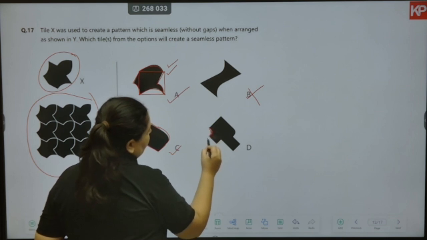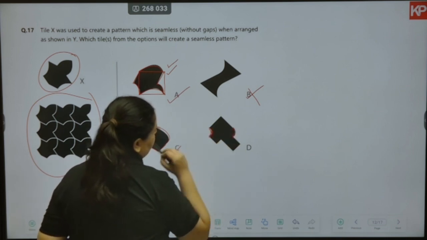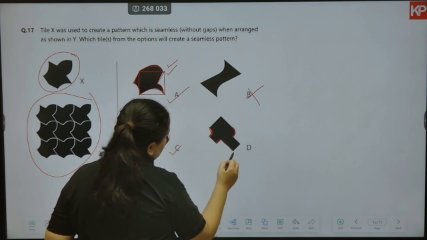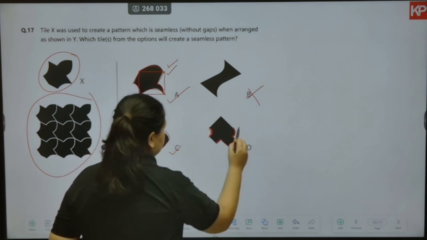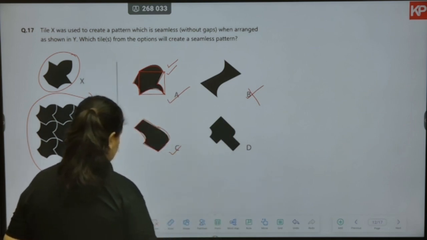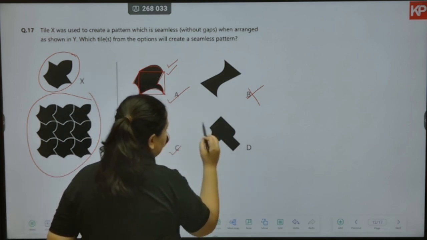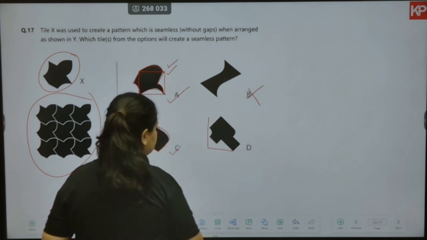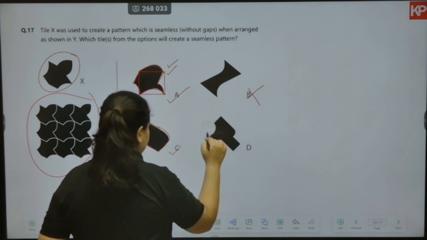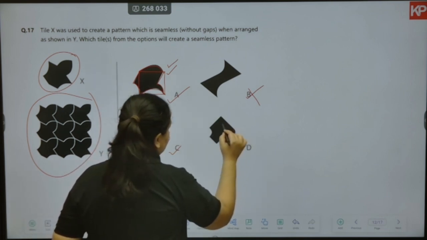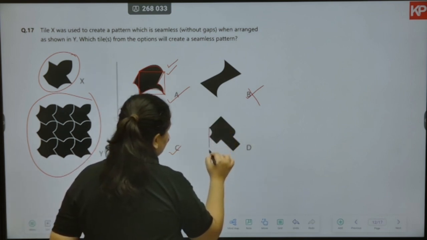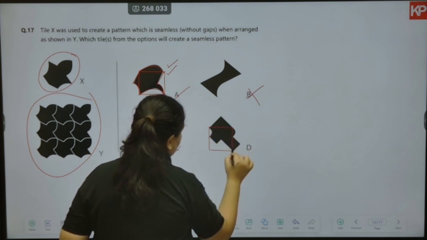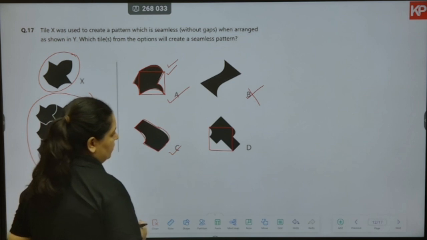This curve fits directly into this curve. Okay, and let's try and draw a square around this, and let's check what is happening.